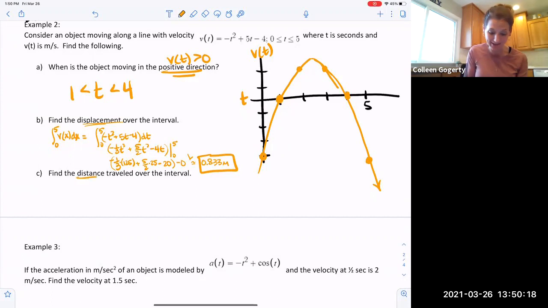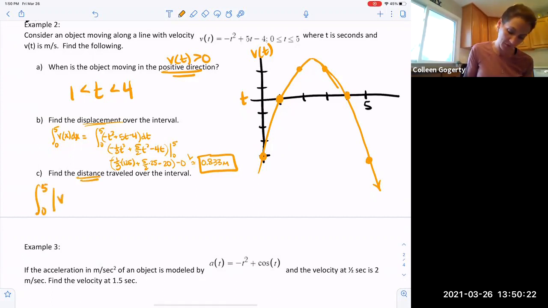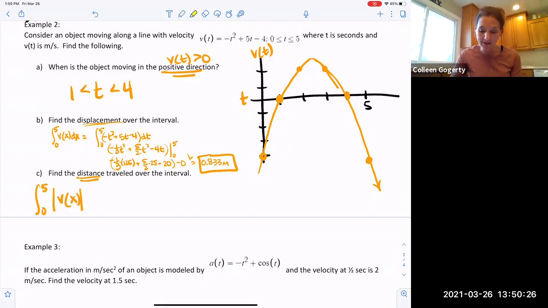Find the distance. Well, the integral from 0 to 5 of the absolute value of v of x. You got to think all of this below here, and this here, I need to add that up.